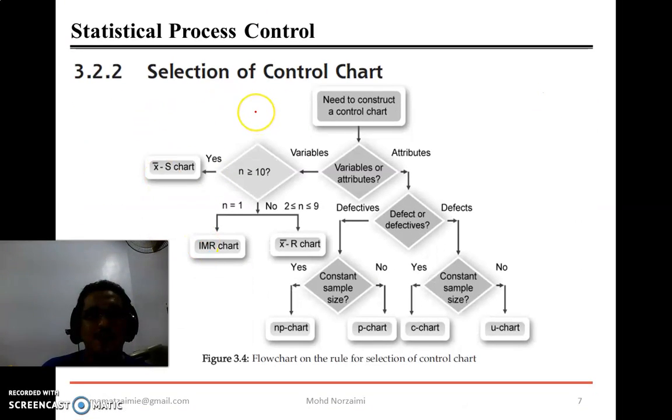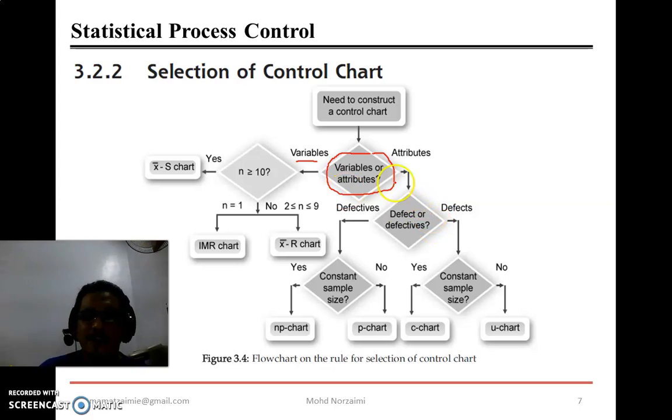So how do we differentiate between the control charts? If we have data, we need to determine whether it is variable or attribute. If the data is variable, we have 3 types of control chart: IMR, individual and moving range; X-bar R, mean and range; or X-bar S, mean and standard deviation.